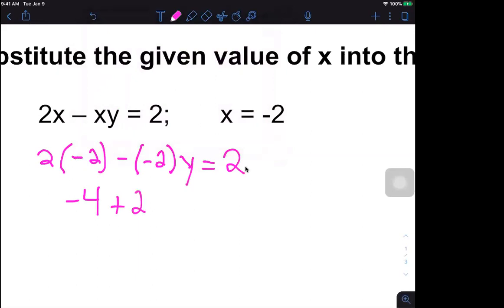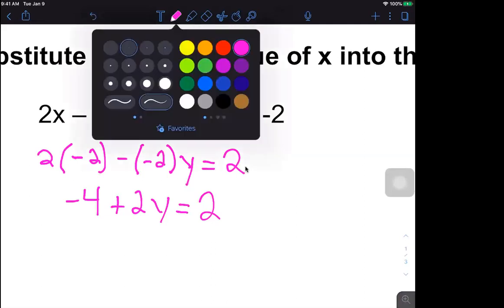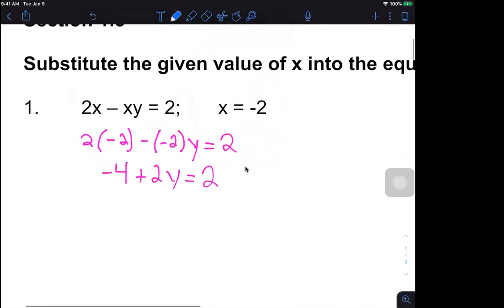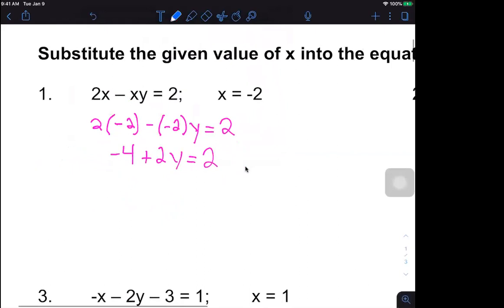And then don't forget the y. And that equals 2. Right now, we've talked about this a bunch. We're at our 2-step equations. Remember, these are very important to know how to solve. Okay? So we only have 2 steps and we're solved for y. What's the first step? Who can tell me? For solving for y. Add 4. Awesome.